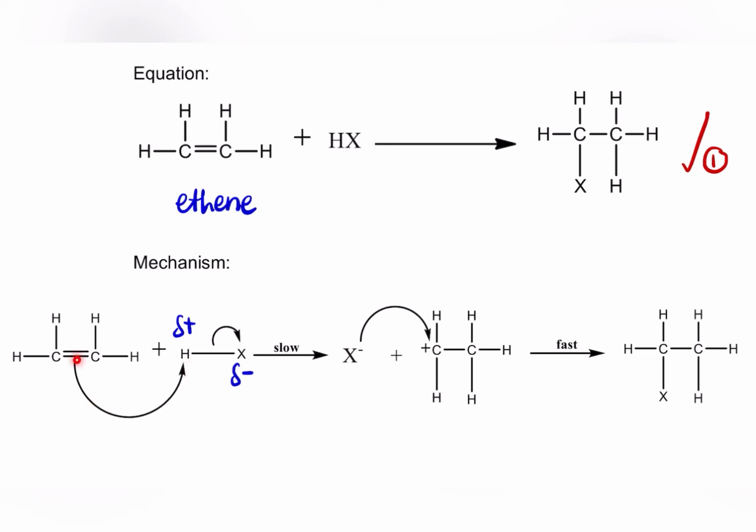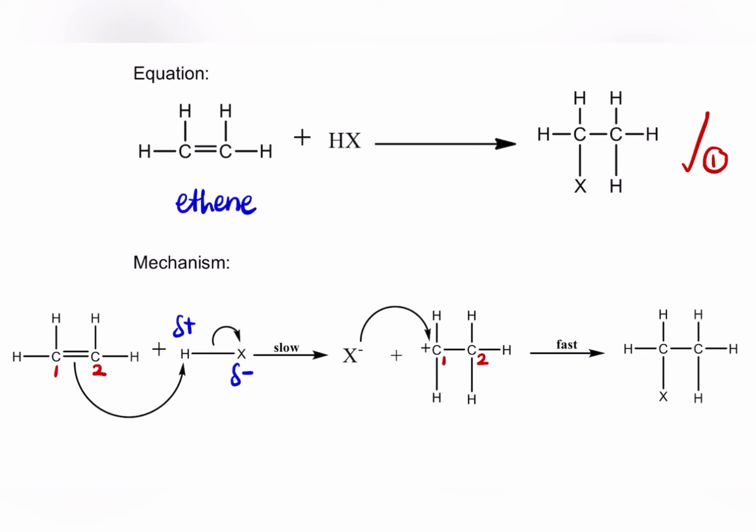So the bond in your alkene will break, where one of the carbons involved in this double bond will have a positive charge. If I put the numbering, this is carbon number 1 and 2. So right now, carbon number 1 will contain a positive charge because it has less electrons, and carbon number 2 will take the hydrogen from here. So you get an extra hydrogen atom here.